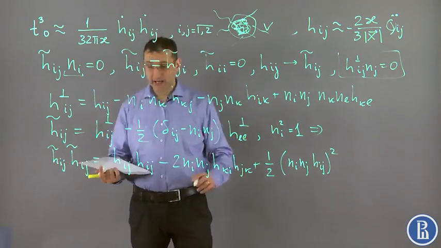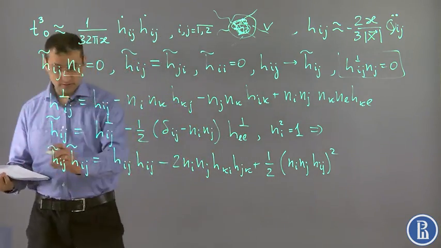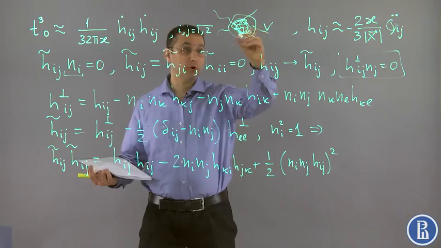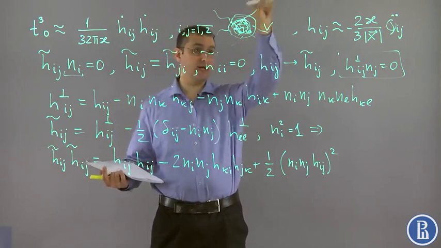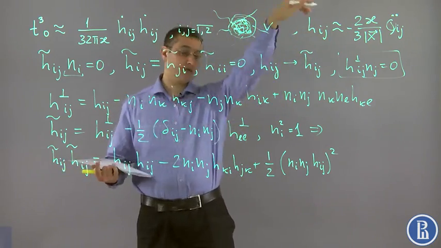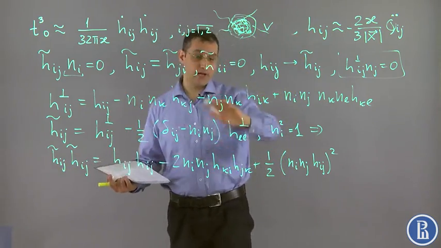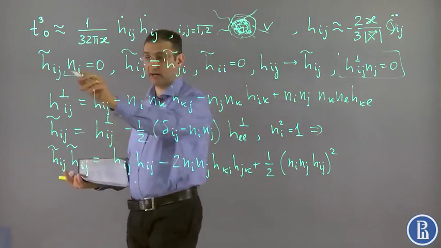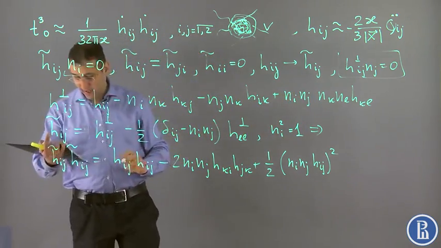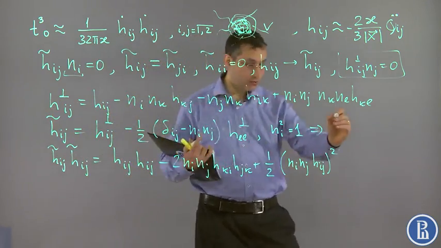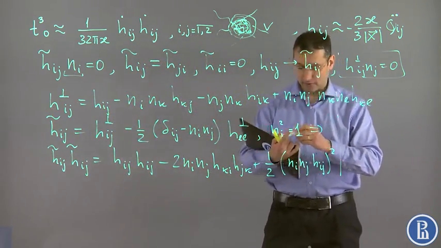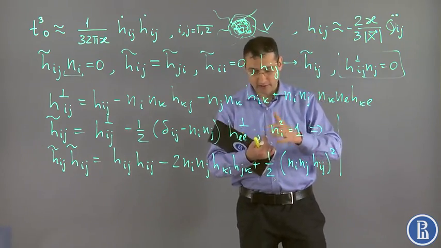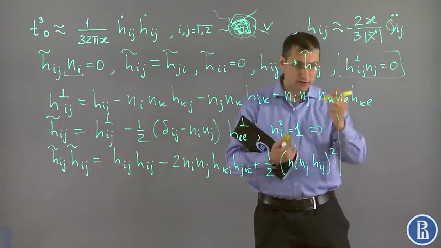Now we want to take the average. If there is a random motion, the radiation more or less goes in all directions homogeneously, and we have to average over all the possible directions of this unit vector n_i. The definition of the averaging is as follows.